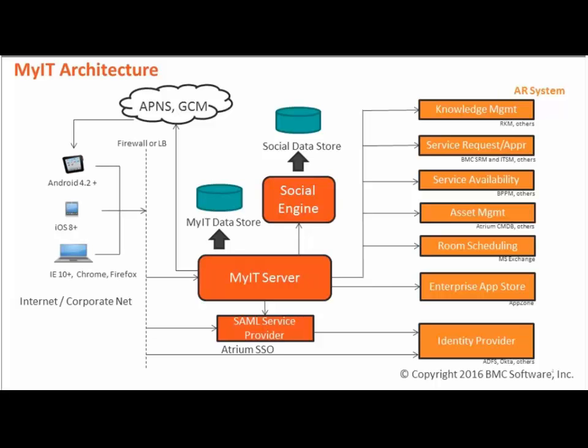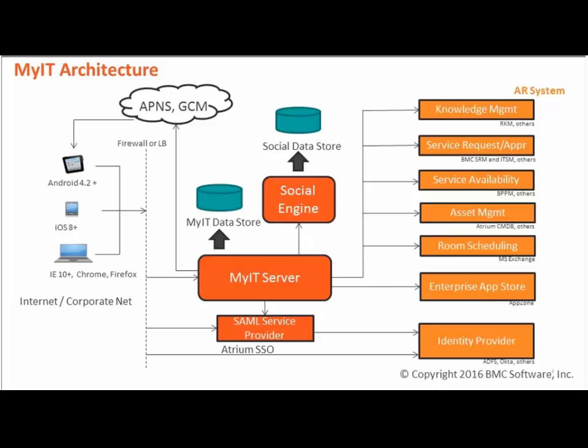When you install MyIT, it comes with a bunch of capabilities, which we mainly split into two. One is the self-service aspect of MyIT, and the second is the digital workplace aspect of MyIT. When I say the self-service aspect of MyIT, it is the integration between Remedy and MyIT to achieve the self-service use case, mainly the service catalog, approvals, and the Remedy knowledge management integration.